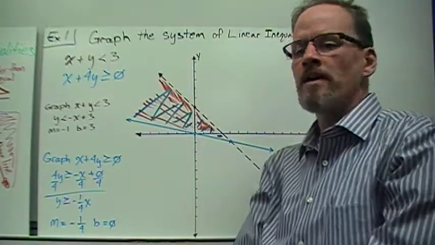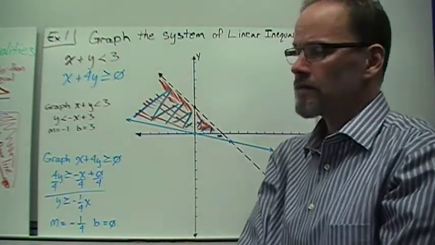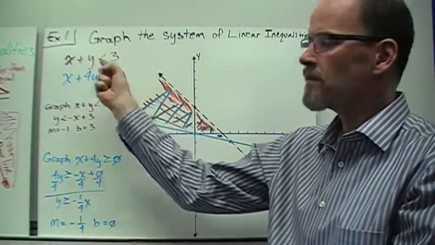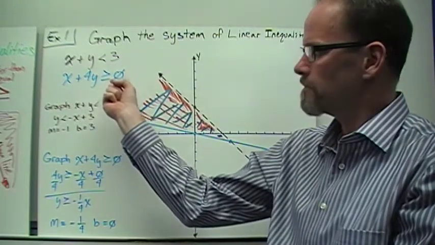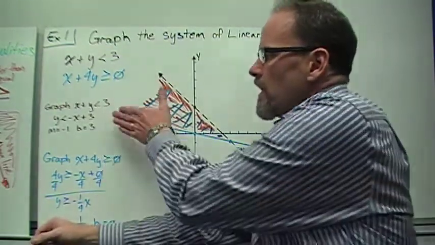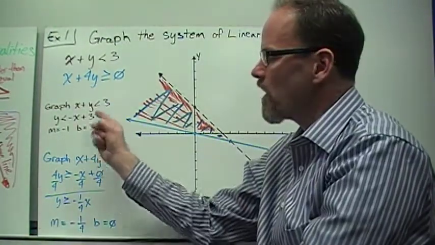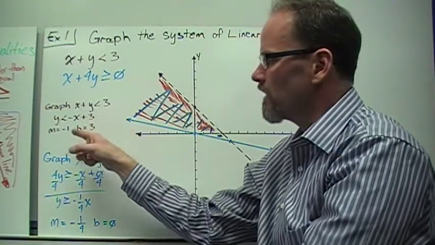So, example 1. Graph the system of linear inequalities. I have two inequalities. x plus y is less than 3, and x plus 4y is greater than or equal to 0. First of all, I would go ahead and convert inequality number 1 to y equals mx plus b so that I can graph it.